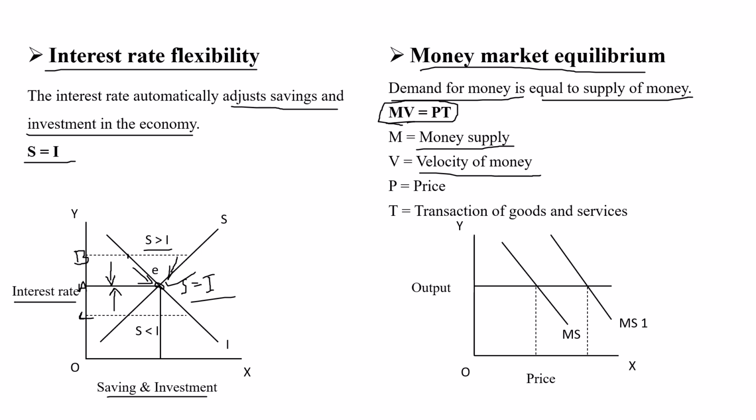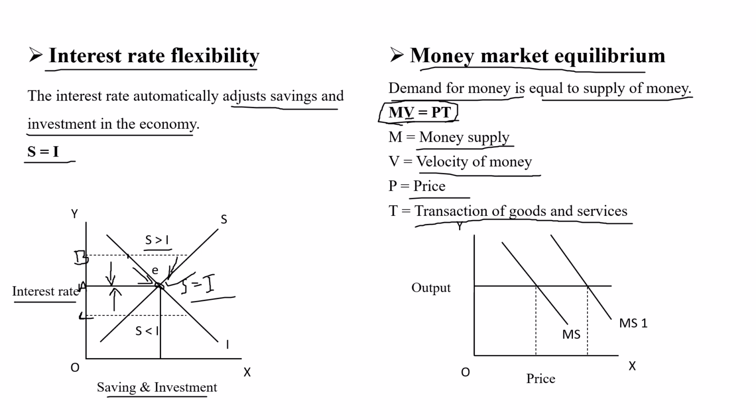P presents the price, and T presents the transactions of goods and services. But as per the classical economists, V and T, velocity of money and transactions of goods and services, are constant.